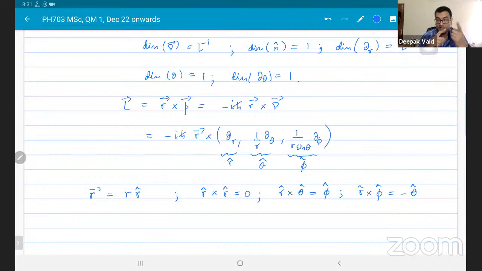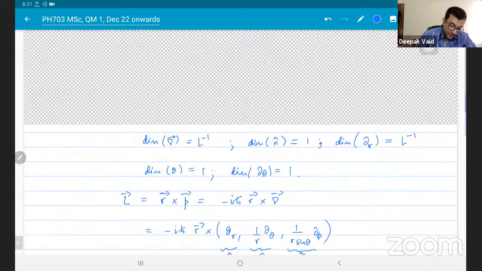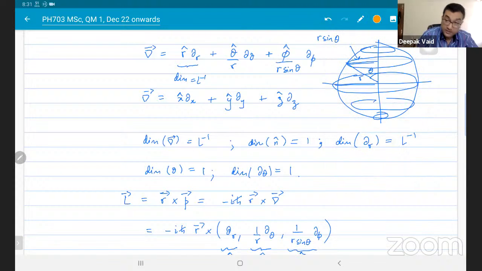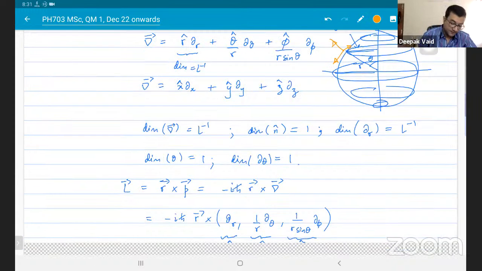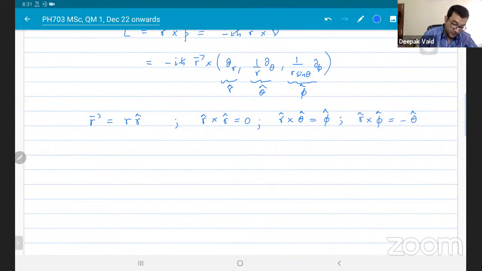Because r hat, theta hat, and phi hat form an orthogonal set of vectors. If you look at this spherical coordinate picture, r hat is pointing outside, theta hat is pointing down, and phi hat is pointing in the direction tangent to that circle. It forms a right-handed basis, so it has the same sort of properties that x hat, y hat, and z hat do.